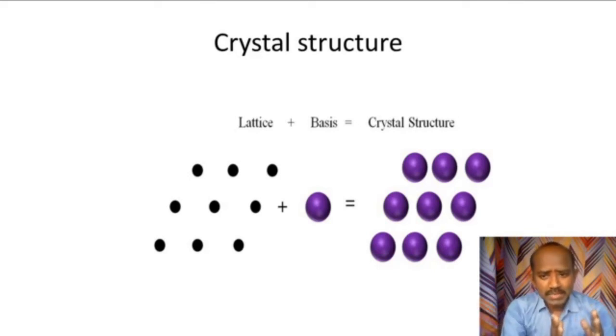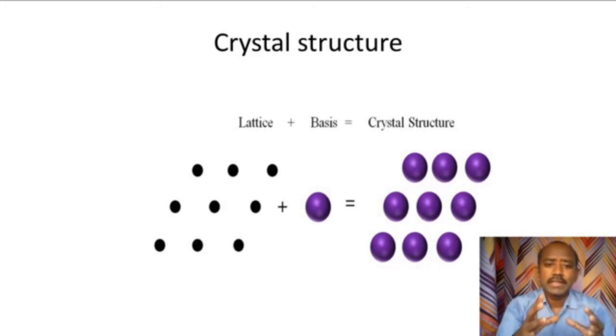The lattice is just a position or a point where the atom has to be fixed. The basis is nothing but the atom, the atom which is associated with the lattice point.